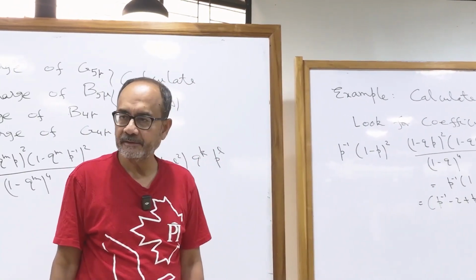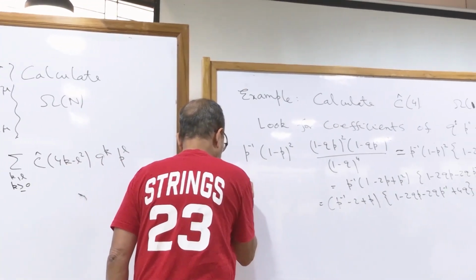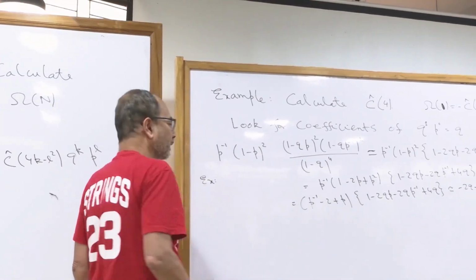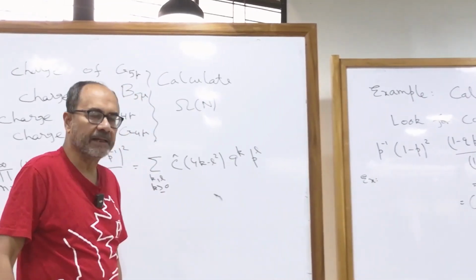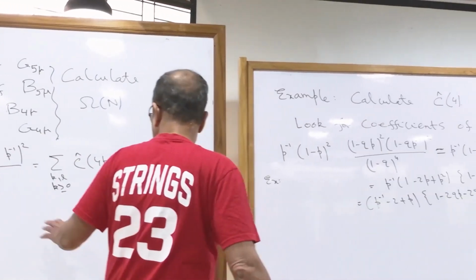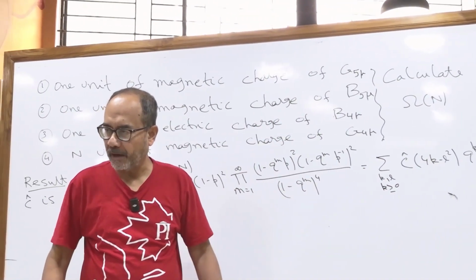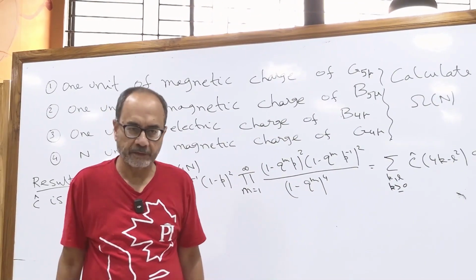Is this clear? So I leave it as an exercise. You can do this expansion again. If you know Mathematica, it's a straightforward exercise. You can just take this, expand to any power you like, and pick up the appropriate coefficients.